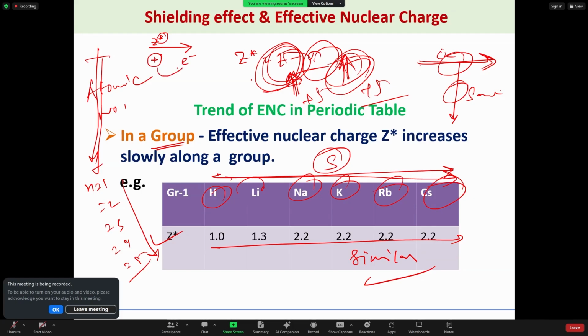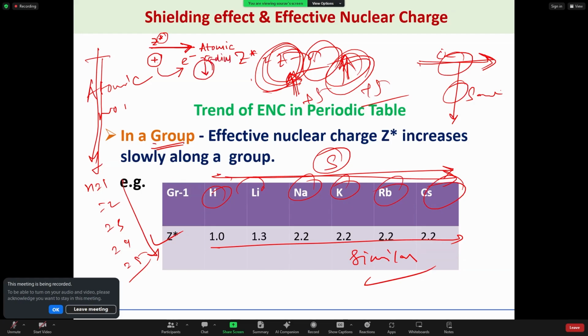When this effective nuclear charge increases, the attraction between this nucleus and this electron will increase. When this attraction increases, then the atomic radius will decrease.